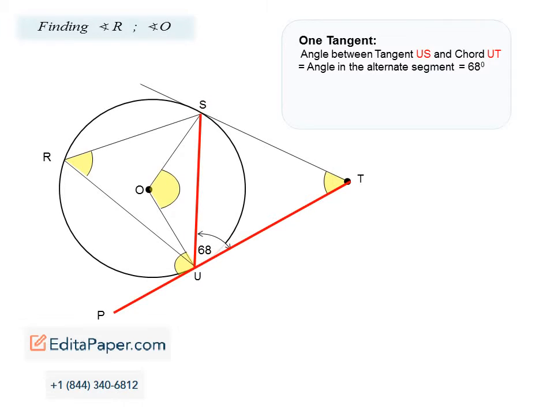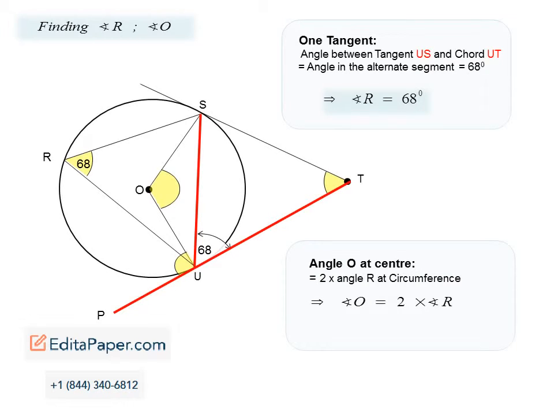That's the only angle we've been given so far, so we will start there, and we note that this angle must be equal to the angle in the alternate segment, and here the alternate segment is angle R, and therefore the angle that subtends from the chord in the alternate segment is 68 degrees, so angle R is 68 degrees as shown.